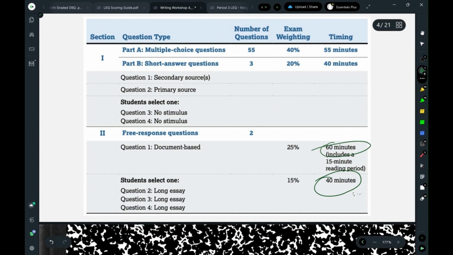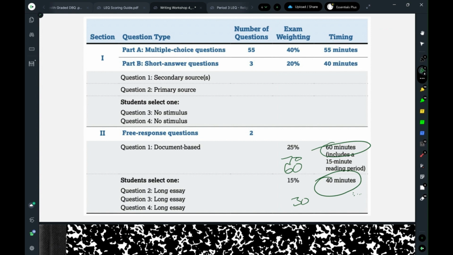If you go over here, even though you'll probably do the DBQ first, let's say you end up taking 70 minutes, then you only end up with 30 to write this anyway, right? If you're on time here and you finish in 60, then you only have 40 minutes to write. You want to make sure that you're using that time. But if you're going to give yourself time anywhere, you want to give it to yourself on the DBQ and not the LEQ.